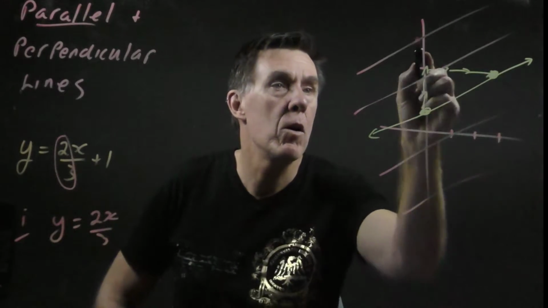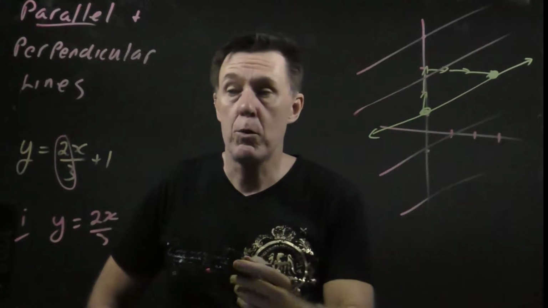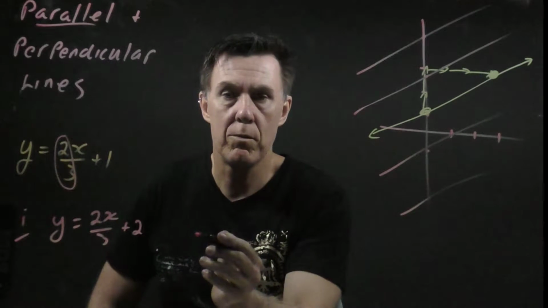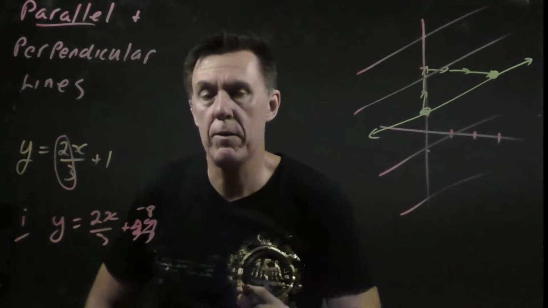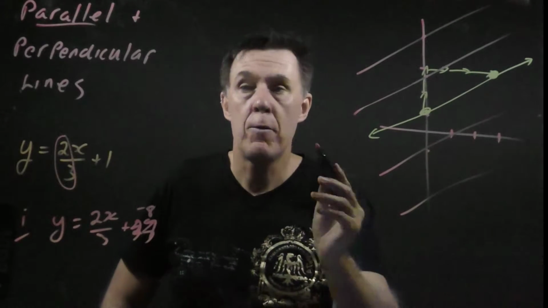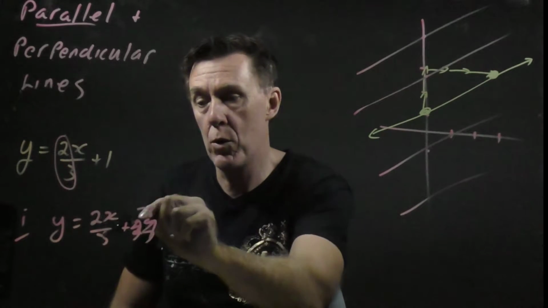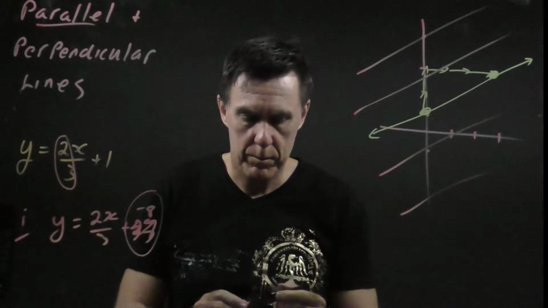But each of these parallel lines are cutting different values on the y-axis. So you could put anything you want, plus 2, plus 7, plus -8. It doesn't really matter. If you're asked to come up with an equation of a line parallel to this, just keep the 2/3 in front of x the same, and then any number on the end that you want.